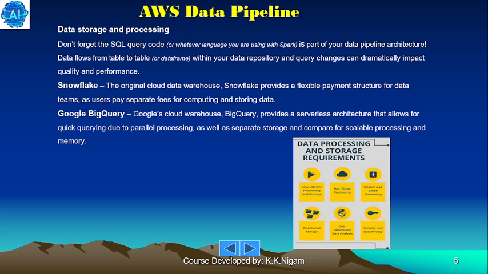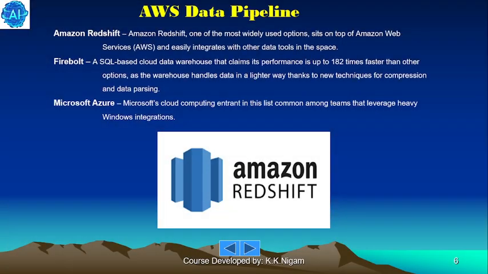Google's cloud warehouse BigQuery provides a serverless architecture that allows for quick querying due to parallel processing, as well as separate storage and compute for scalable processing and memory. Amazon Redshift, one of the most widely used options, sits on top of Amazon Web Services and easily integrates with other data tools in the space.